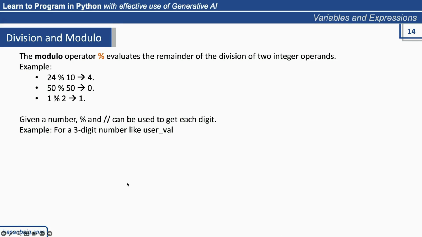First I would give you a simple overview. For example, if you have a 3-digit number and I just want to pick up the last digit, what operation can I perform? What do you think? Any idea?